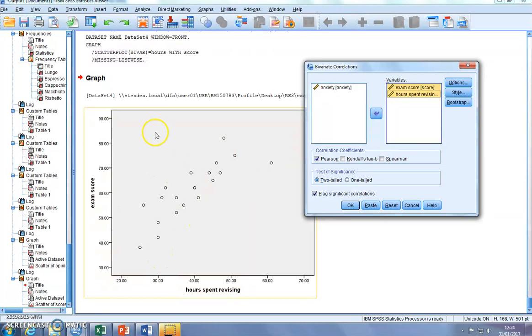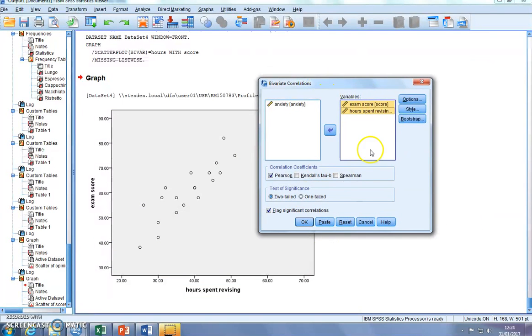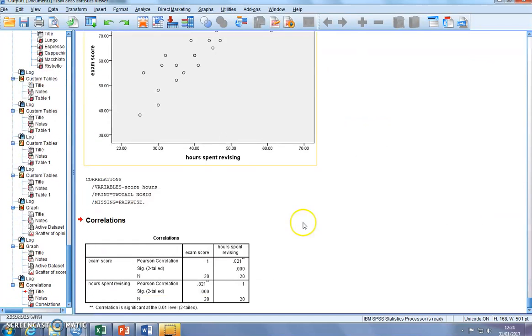They're in like strata in a single line, in a single column like this, or in a single row like that. They are not scattered all over the place. They form a sort of grid-like structure. In this case, that's not the case. So we can do a Pearson correlation. We will then press OK.